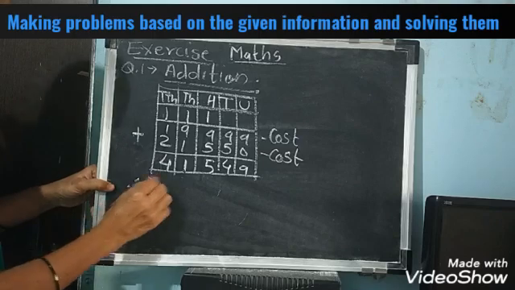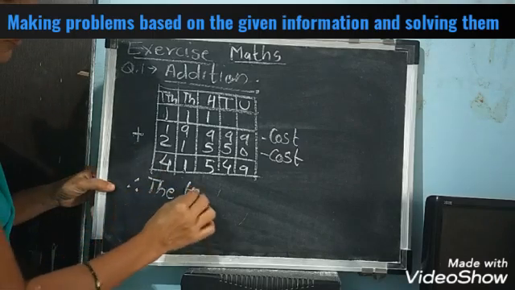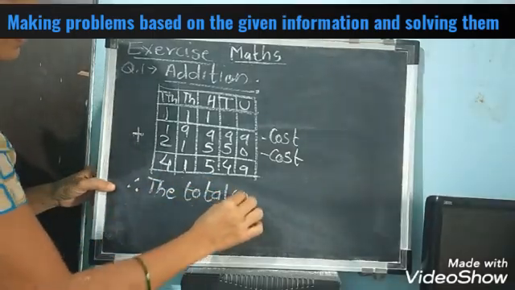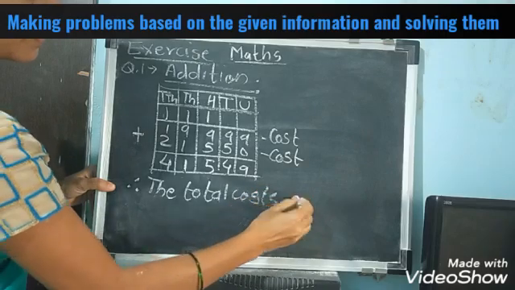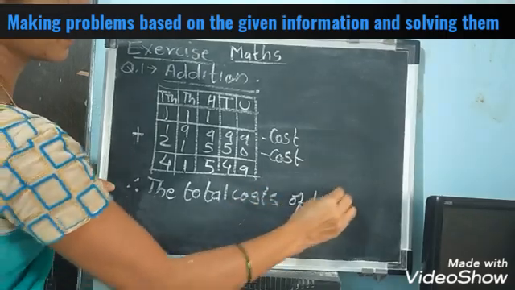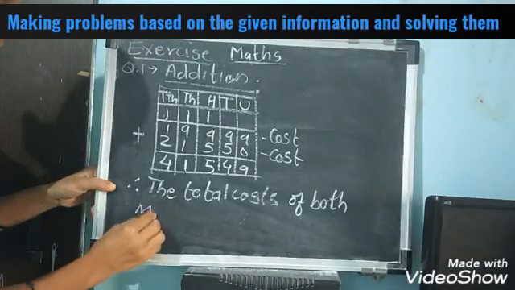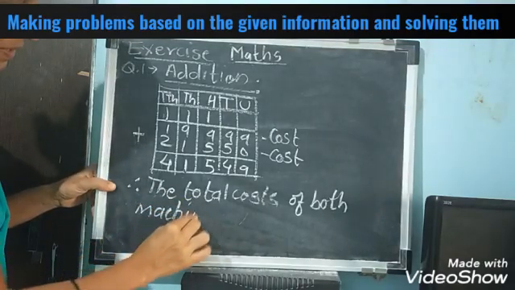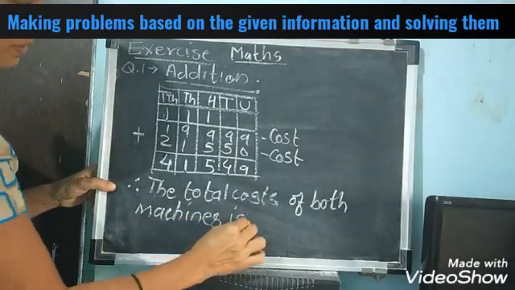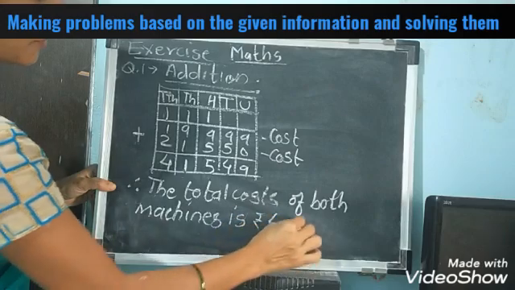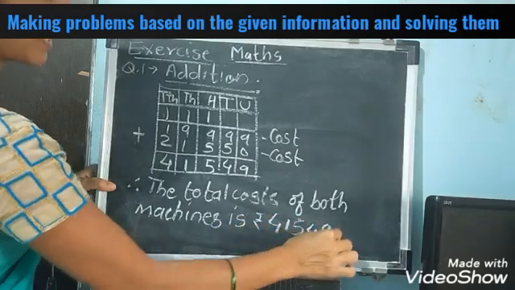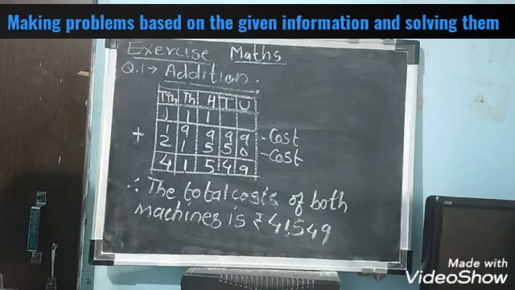Therefore, the total cost of both machines is rupees 41,549. It is the example of addition.